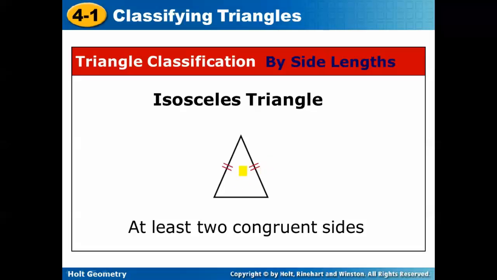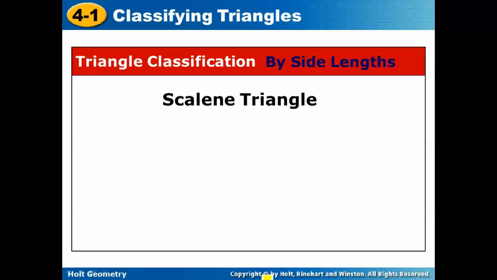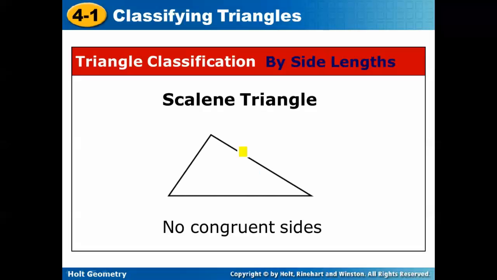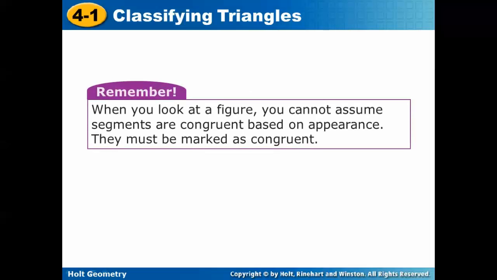You can see that they're labeled. A scalene triangle has no congruent sides. So we have three different measures for each of the three sides. Remember, when you look at a figure, you cannot assume the segments are congruent based on appearance. Even though they may look alike, you've got to make sure that they're marked with congruent marks.